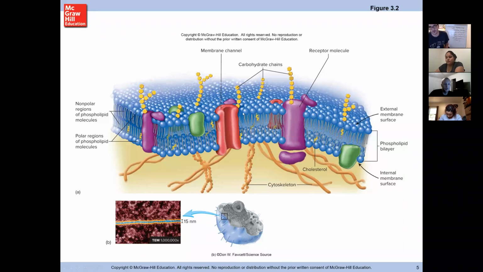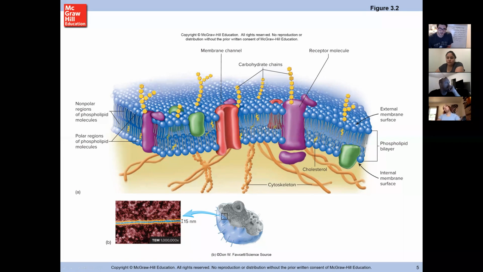And remember, phospholipids are unique, because they have two different regions on them. Remember from last chapter, in chapter 2, we talked about the molecular structure of each of our 4 macromolecules. And remember, lipids don't like to be around polar environments. And most of the environment inside the cell and outside the cell is polar because it's mostly made out of water.